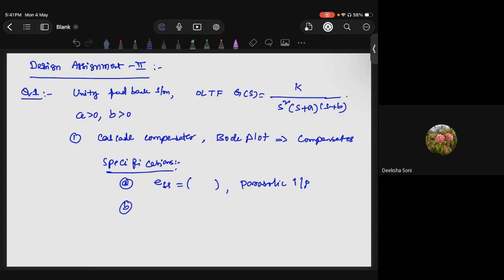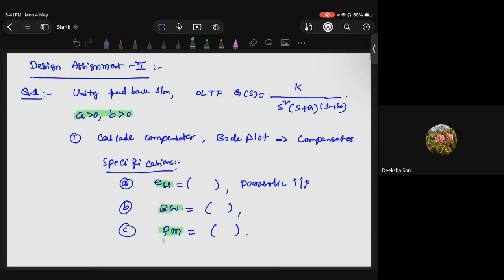Then bandwidth, a specific value again, different for each student. Then phase margin is also given. So these values, the ESS, bandwidth, and phase margin, are different.